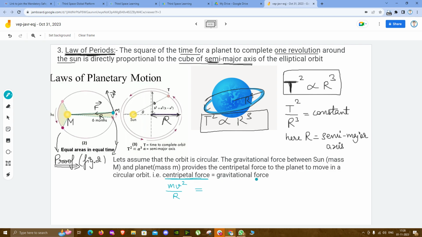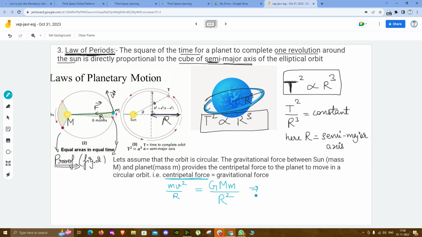And the gravitational force between the sun and the earth is the universal constant G, and mass of the sun multiplied by mass of the planet divided by the square of the distance between them. So these two will be equal, because the gravitation is provided by the centripetal force itself in this case. So mv square over r is equal to GMm over r square.